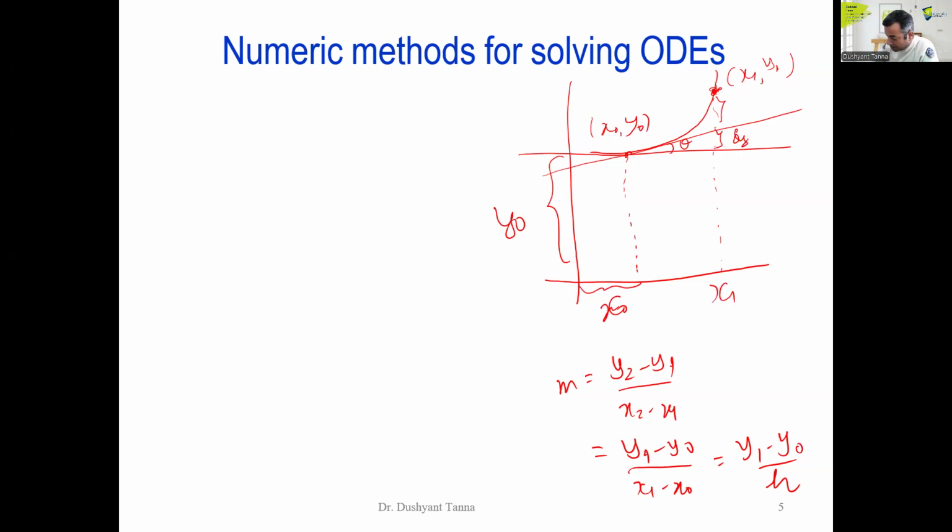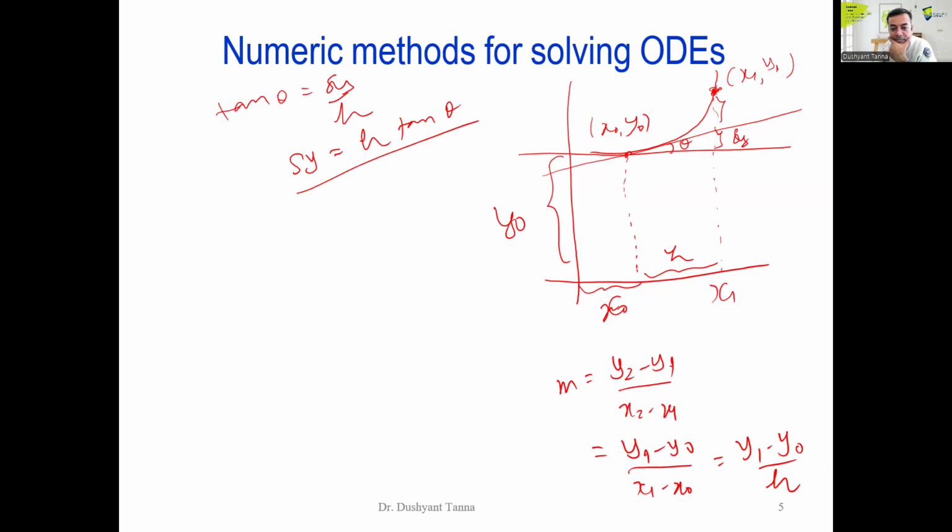Because of the tan theta part, right? What is tan theta here? It is the opposite over adjacent, right? So can we say your tan theta is delta y over h, because this part is h? Therefore, delta y is h tan theta, right?